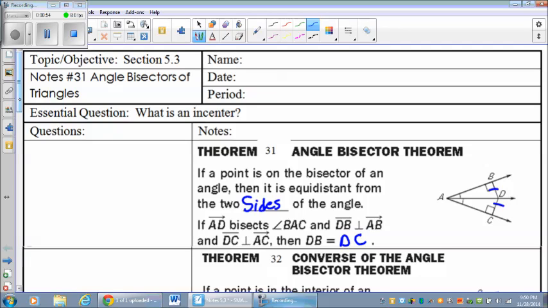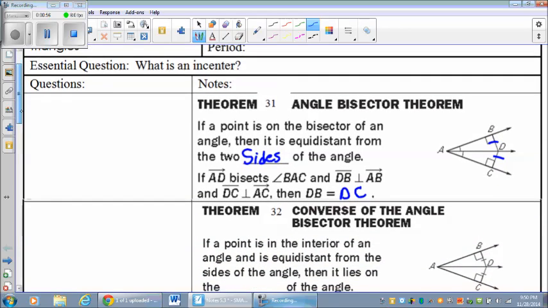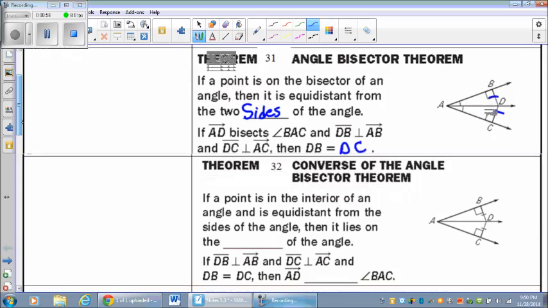Okay? Then theorem 32 is the converse of the angle bisector. It says if a point is in the interior of an angle and it is equal distant from the sides of the angle, then it lies on the bisector of the angle. So here in the blank is the word bisector.